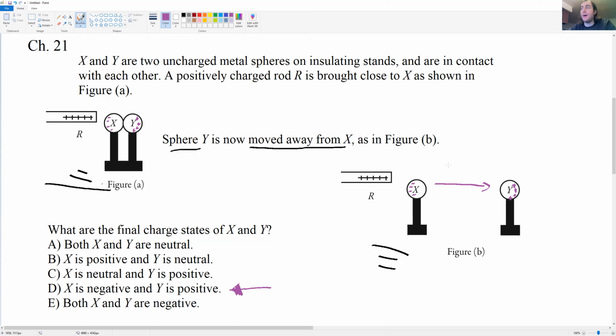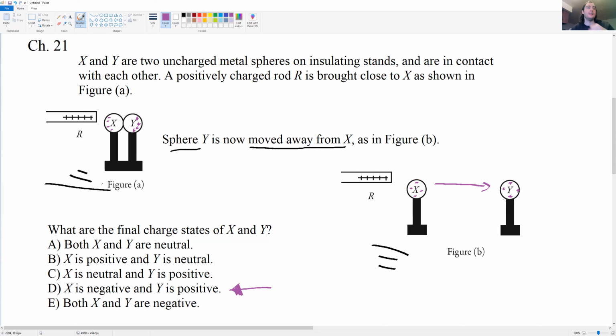It cannot get back over to the Y sphere. And actually, this figure B here is slightly misleading. Once we move the sphere Y away, what actually happens is the charge begins to evenly distribute itself around the sphere, if we move the rod R away.